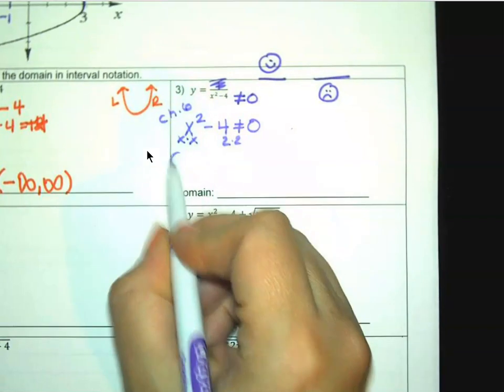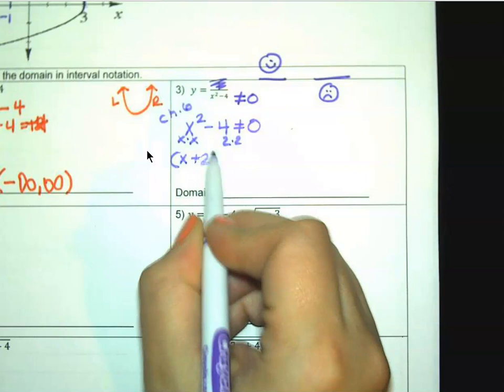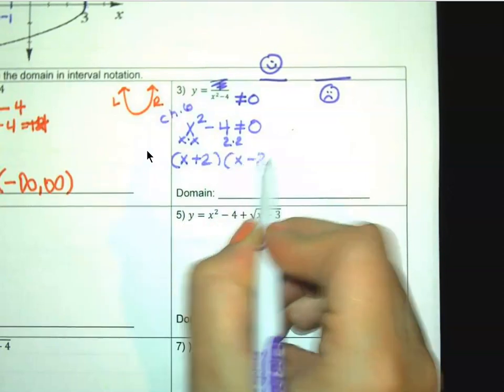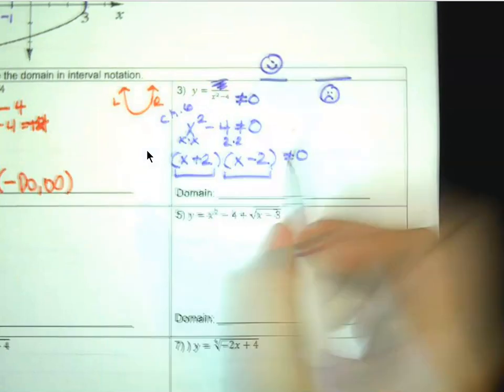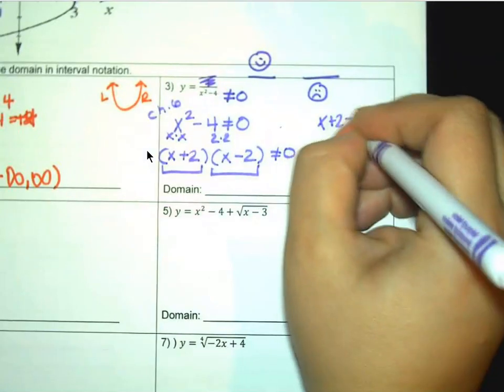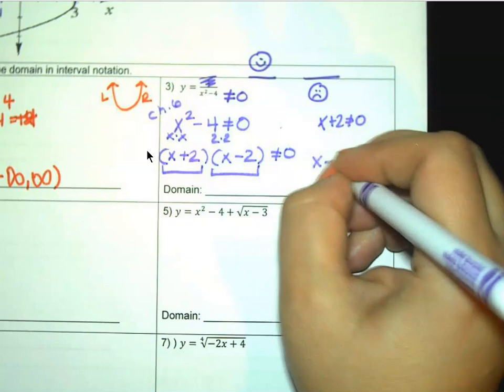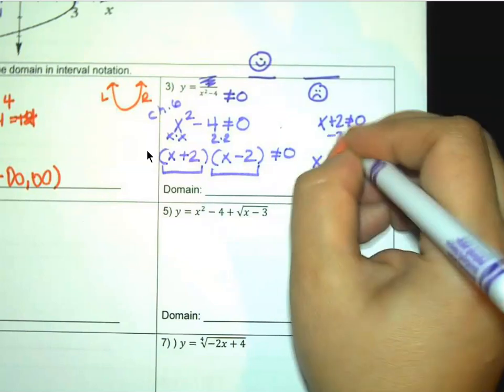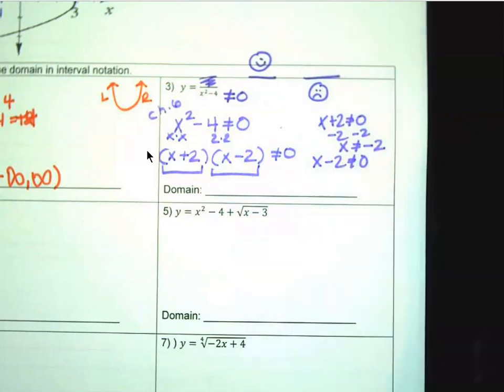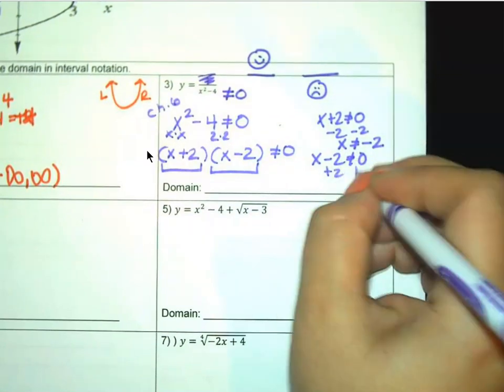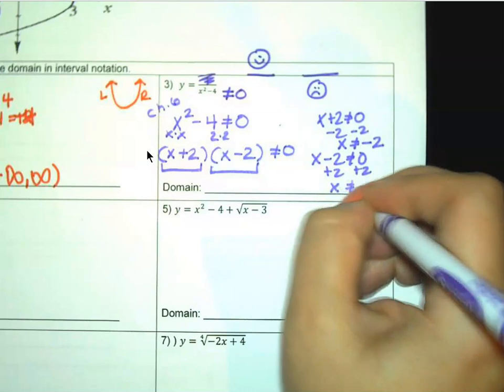So we can factor it as x plus 2 and x minus 2. And then we set each factor equal to 0 and solve. And then we get one bad number, x cannot be -2. And the other bad number for this problem is 2.